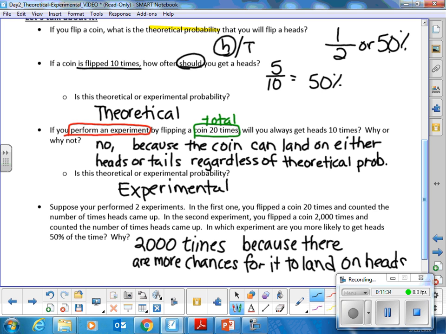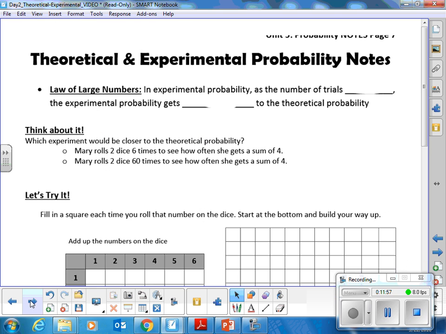Just like if you think about, we talked about when you use probability, and the lottery was one of them, or a raffle. The more lottery tickets you buy or the more raffle tickets you buy, the better your chances of being drawn. This is the same way. For flipping a coin, the more chances, the more you're going to come close to what you want.